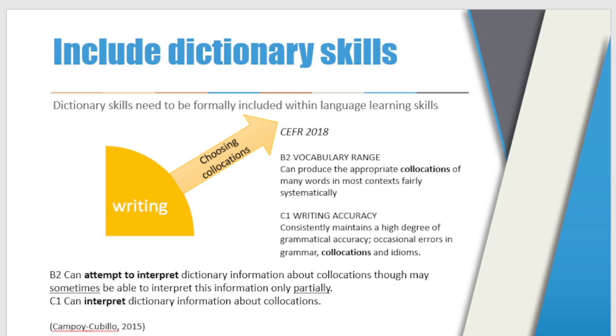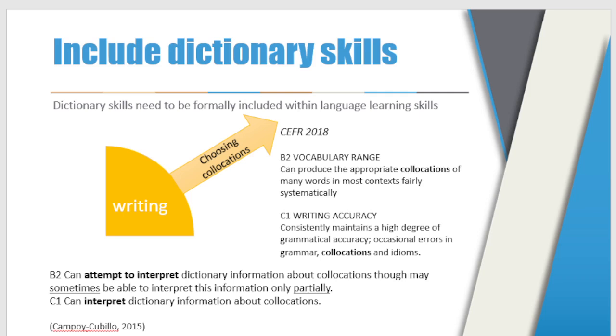And if we look at the C1 writing accuracy descriptor, that would be an advanced level. It says that learners at this level should consistently maintain a high degree of grammatical accuracy with occasional errors in grammar, collocations, and idioms.